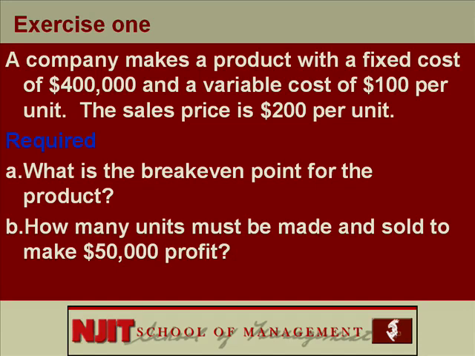Required: A. What's the break-even point for the product? B. How many units must be made and sold to make $50,000 profit? Part A, give me the break-even point in units. Why don't you stop this recording and try it, and then restart when you're done?